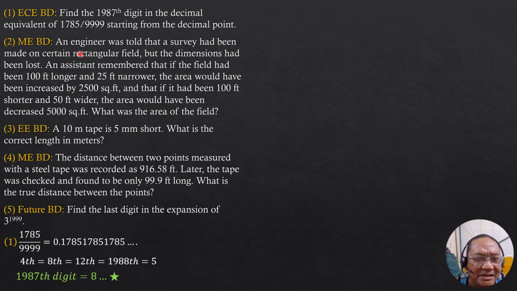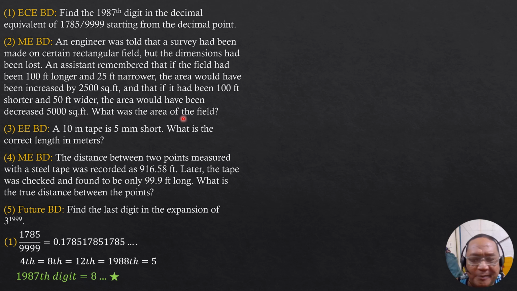Problem 2. An engineer was told that a survey had been made on a certain rectangular field, but the dimensions had been lost. An assistant remembered that if the field had been 100 feet longer and 25 feet narrower, the area would have been increased by 2,500 square feet, and that if it had been 100 feet shorter and 50 feet wider, the area would have been decreased by 5,000 square feet.